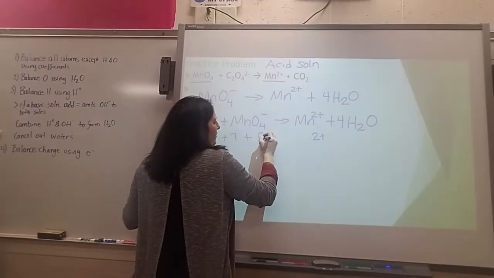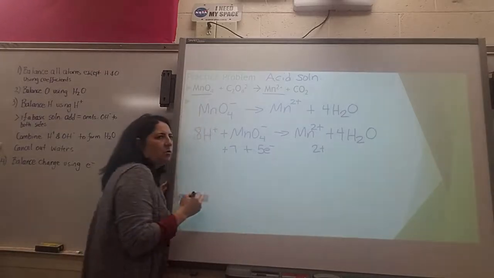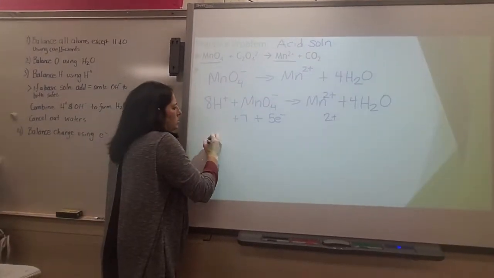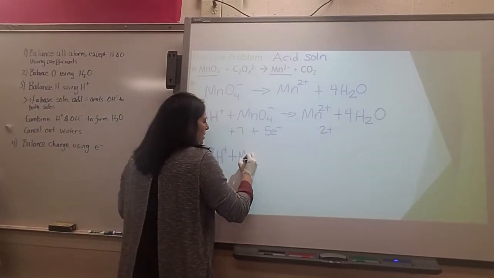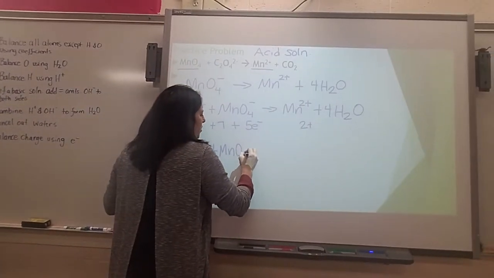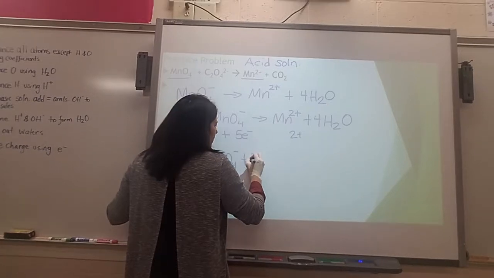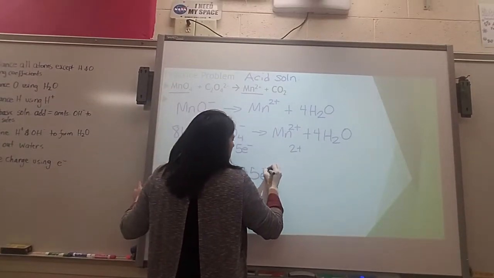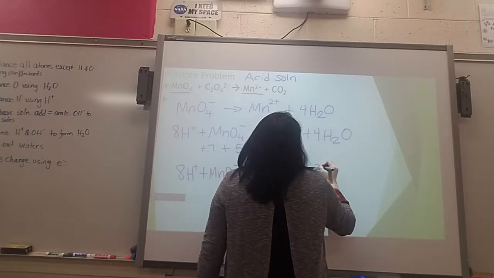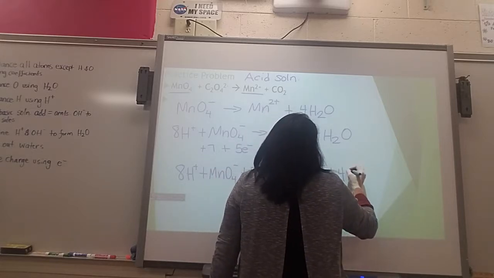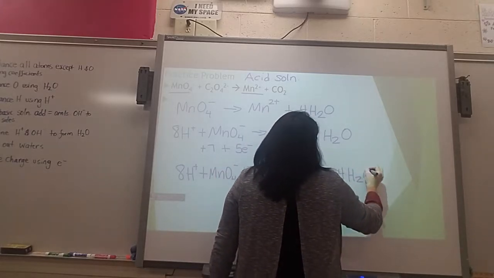Okay, so I need to add 5 electrons, and that's going to get me up to a plus 2. So 8H plus, MnO4 minus plus 5 electrons is going to yield Mn2 plus, 4H2O.